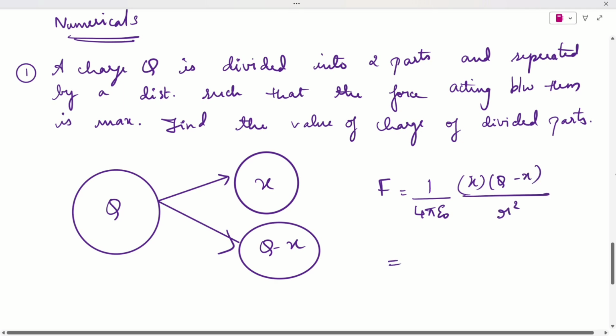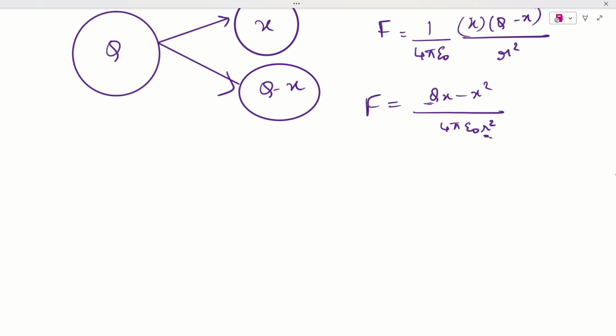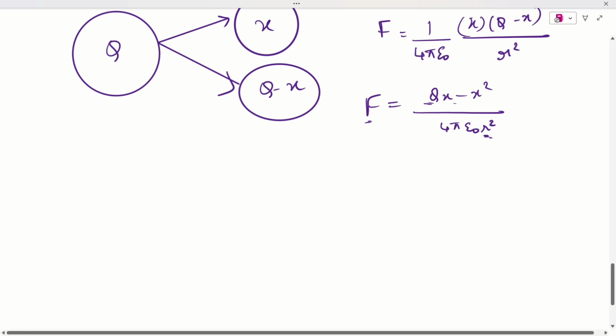So this is equal to Qx minus x square by 4 pi epsilon naught r square. This is my force. Now they are giving me a condition that my force is maximum. Here we can observe that my Q is a constant value which is fixed and my r is also fixed. The only value on which my F depends now is the x, right?